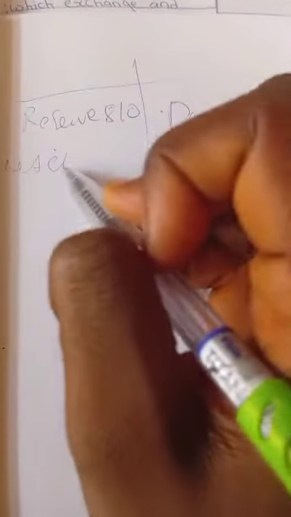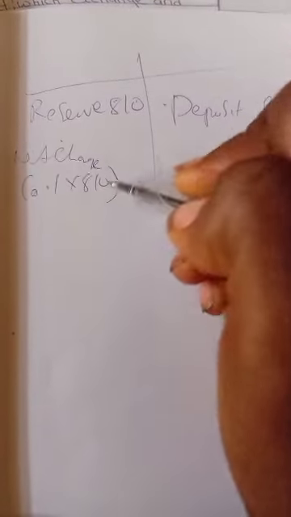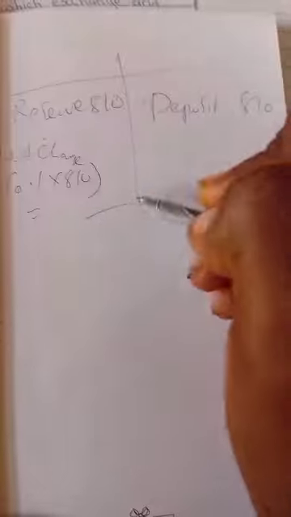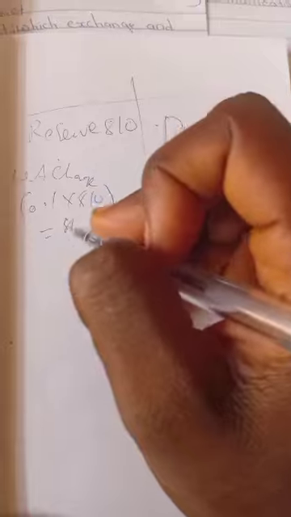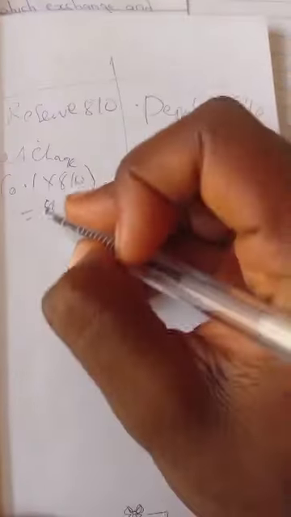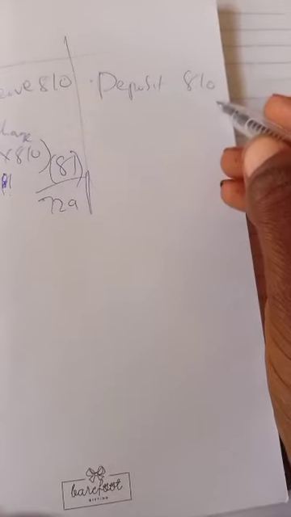From what we got in our answer before, it's now 810. So the deposit is the same, 810. We come to the next part and we say, okay, we have 810. Net change is 0.1 times that 810, which is the new reserve. If we do that, we'll have 81. So 810 minus 81 would give us 729. Remember, minus. Then the 810 is still here.